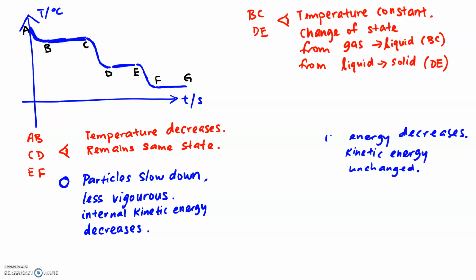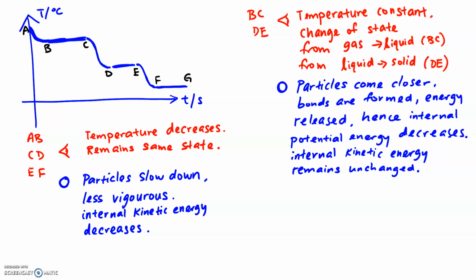Okay, so I'm going to give you one whole chunk of text over here. A few ways to understand this. Okay, so you break it down. Right, the particles come closer together because it's colder. Right, energy has been released. They move less vigorously, so they come closer together. Internal potential energy decreases, because the bonds are formed, energy is released.